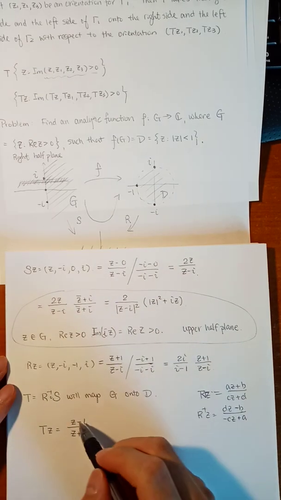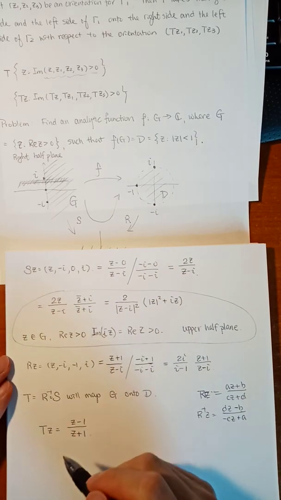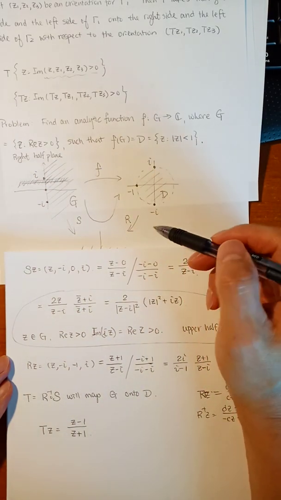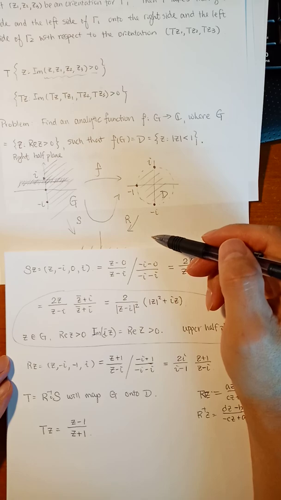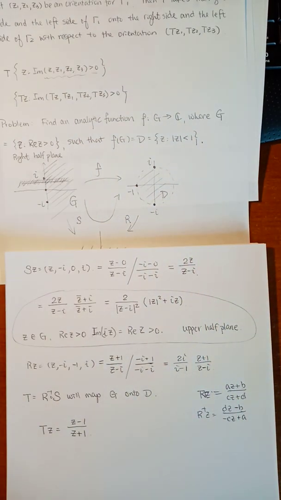All right, so this is the simple formula. It depends on your selection, negative i, negative 1, and i. Otherwise you would not get a better one.